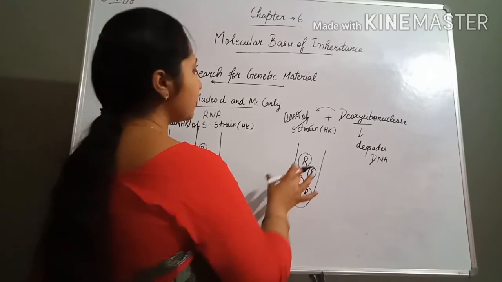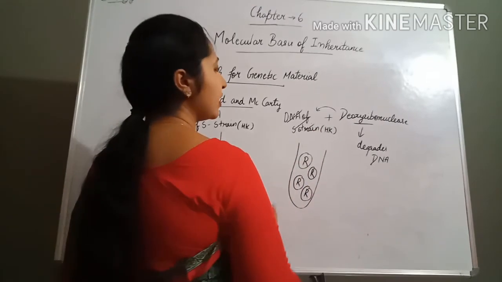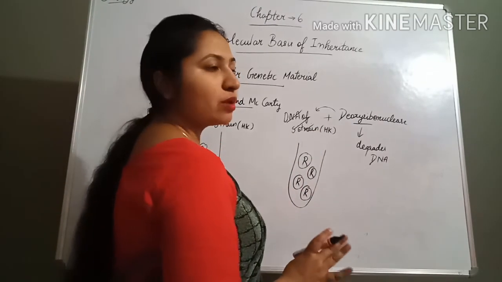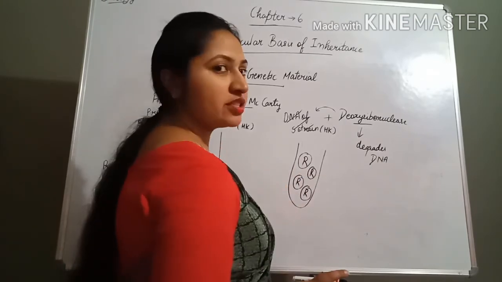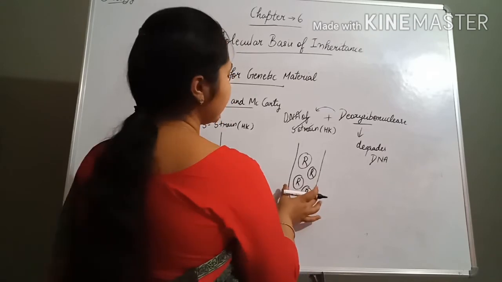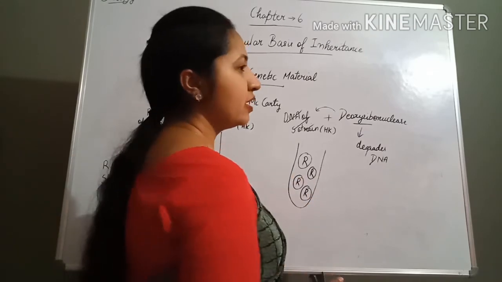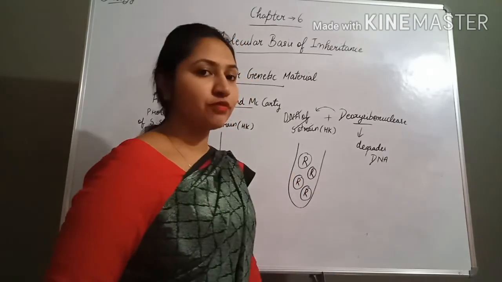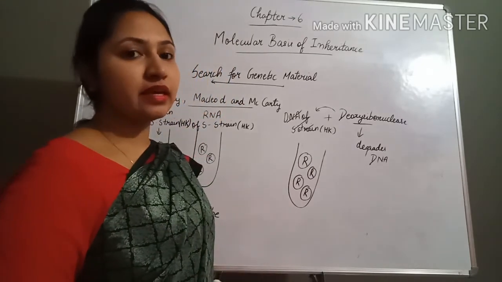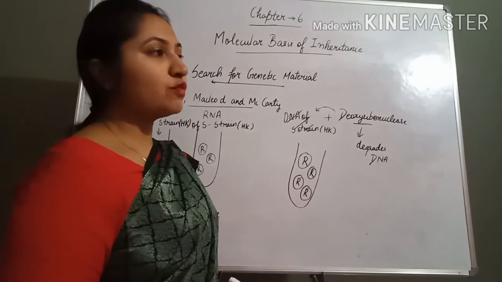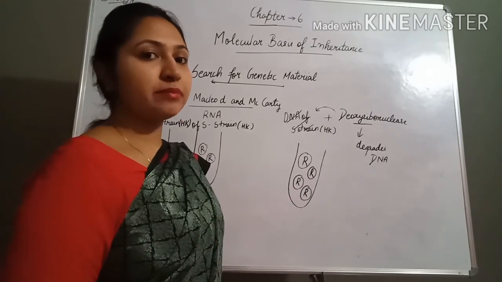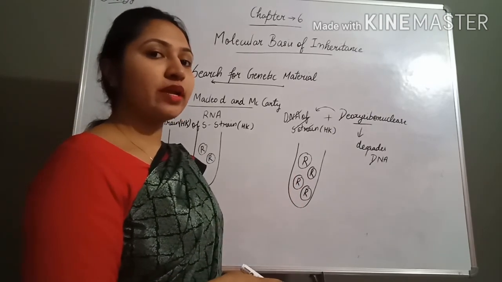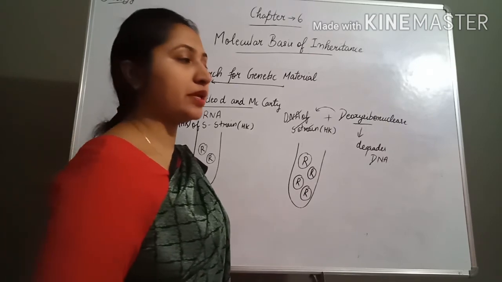If the DNA of the S strain is degraded and no longer present in this test tube, then the R strain will not change into the S strain and remains the R strain only. So from here it is confirmed that DNA is the transforming agent which converts the R strain into the S strain, from the non-virulent to the virulent strain.